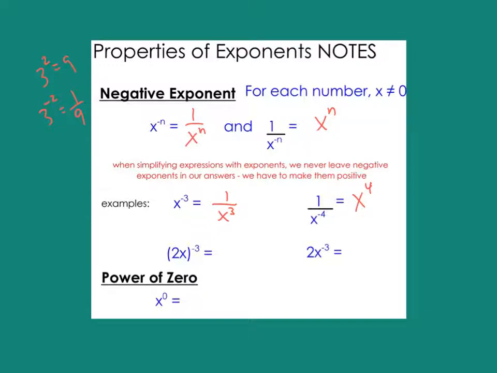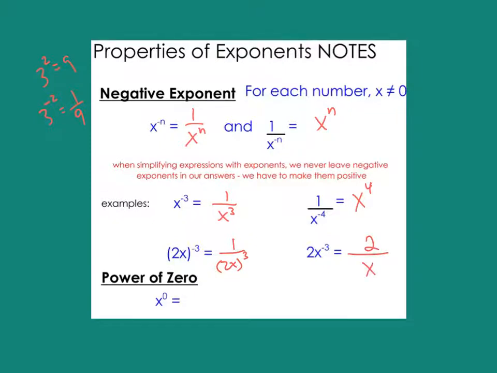So how about 2x to the negative third? We're going to say that that's 1 over 2x to the positive third. And then 2x to the negative third, notice over here, there is no parentheses around the 2x. So the 2 is going to stay where it is.